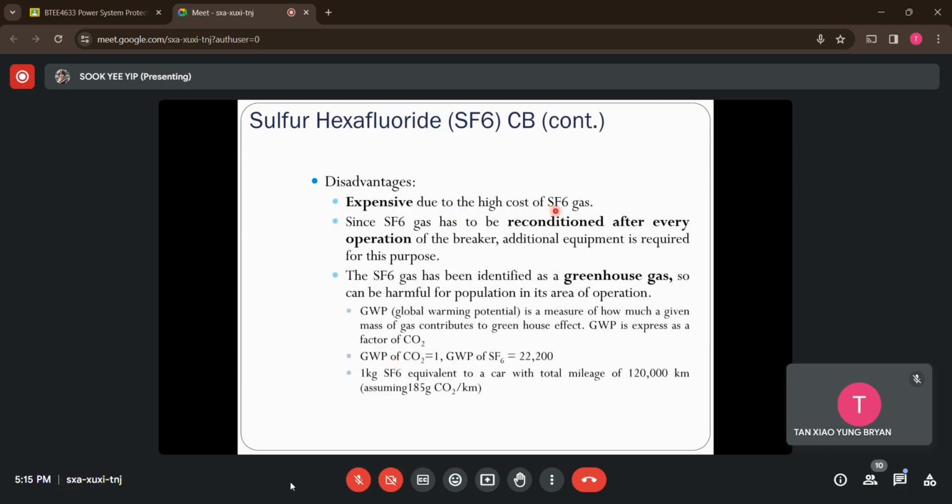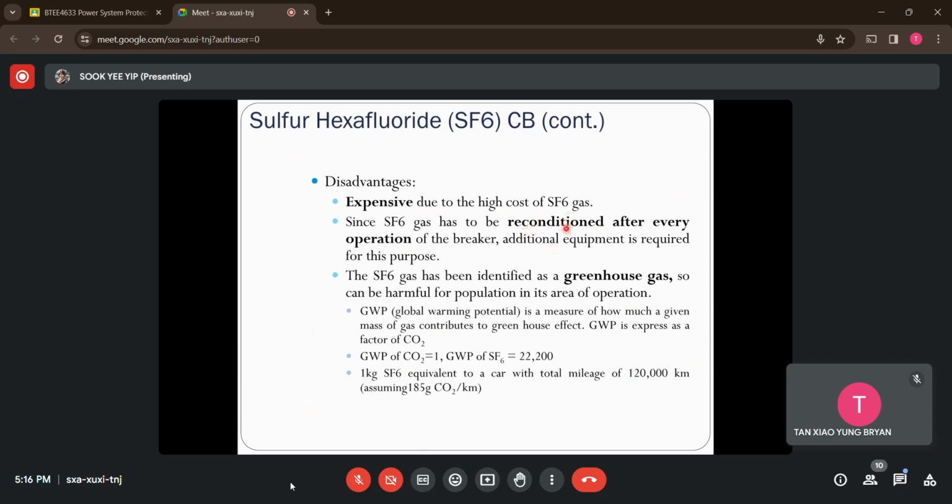This gas is very expensive, which makes it not economically viable. Let's say you have a limited budget for protection purposes. And moving on, after every operation of this SF6 gas circuit breaker, which means after it interrupts the fault from the system, this gas has to be reconditioned.